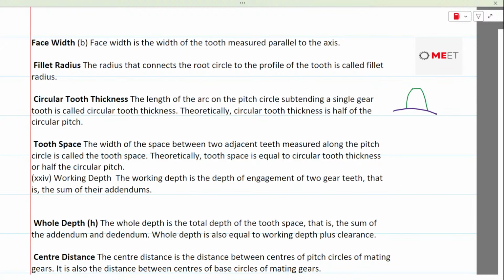This is where the involute profile is generated up to, and from here up to the root of the tooth, you connect with a different circle, or it could be a straight line. The bottom one is called fillet radius, and this is called root. From the root up till involute. You could see the rhyming happening over here. Root to involute. It is the fillet radius that connects.